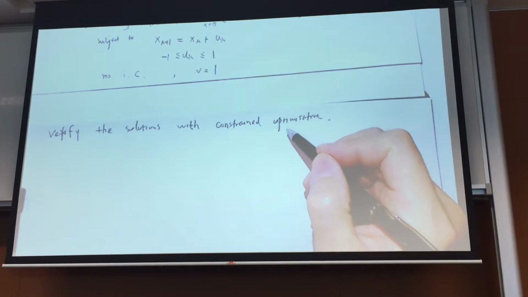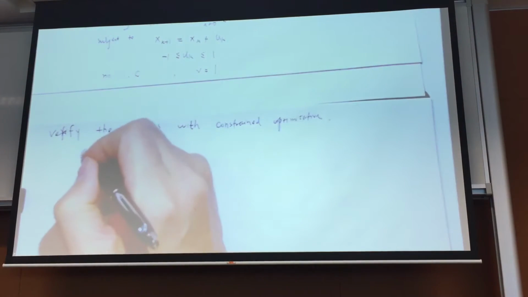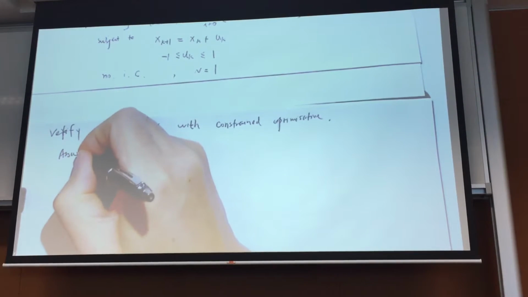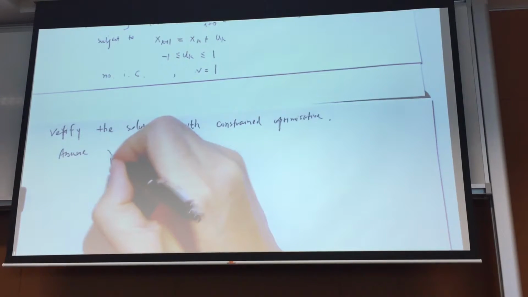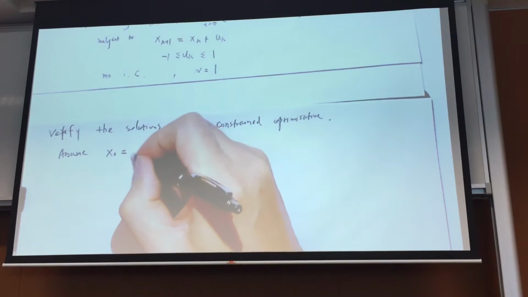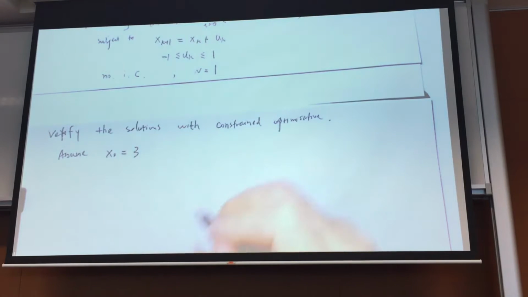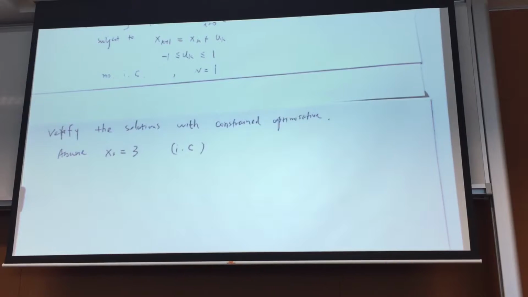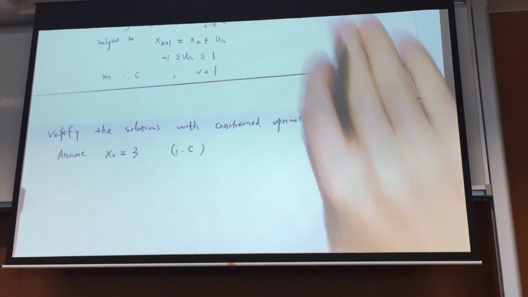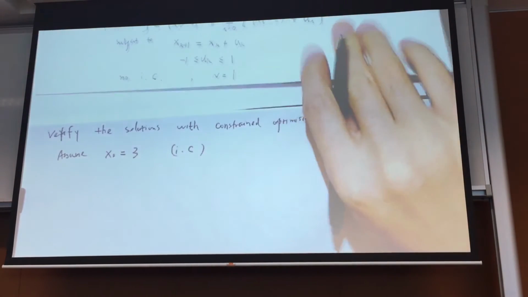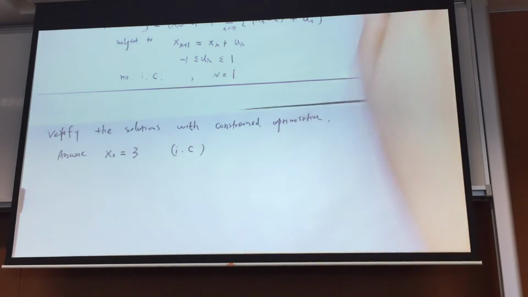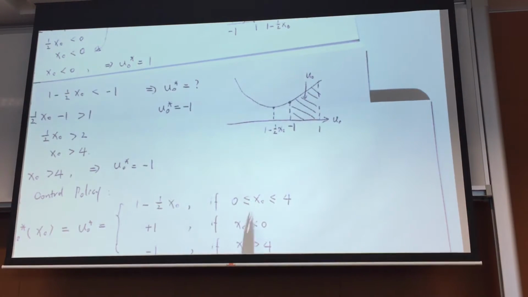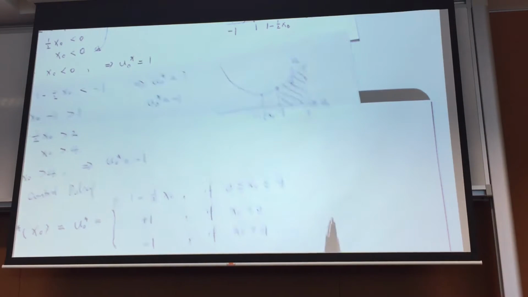But for the constraint optimization problem, we need to define the initial condition. So assume we have our initial condition x0 equal to 3. For x0 equal to 3, if we observe the solution, we know x0 will fall in this range.